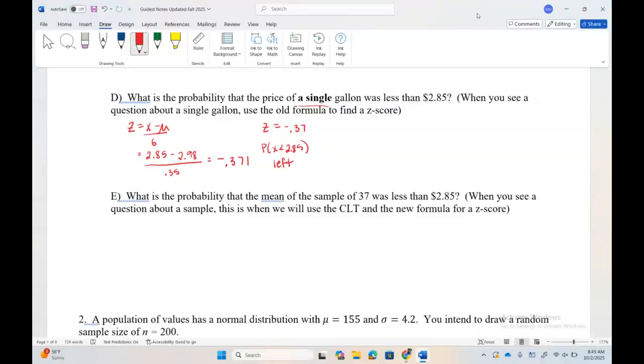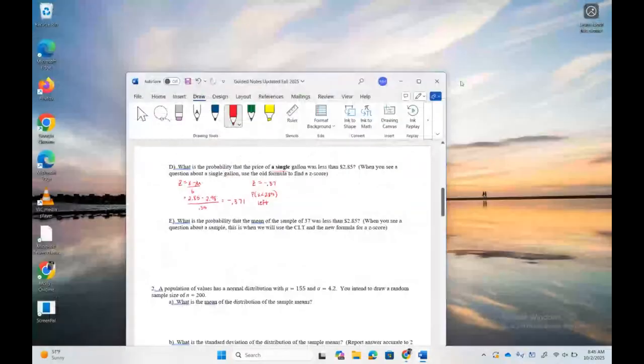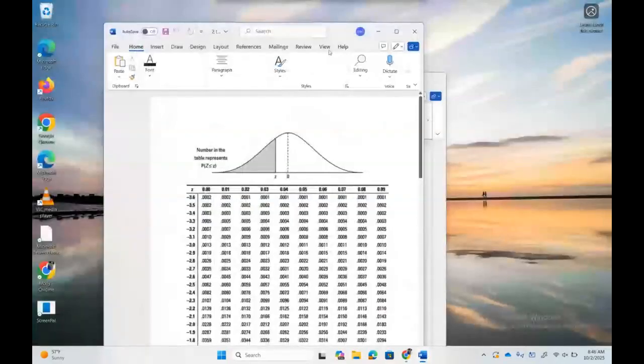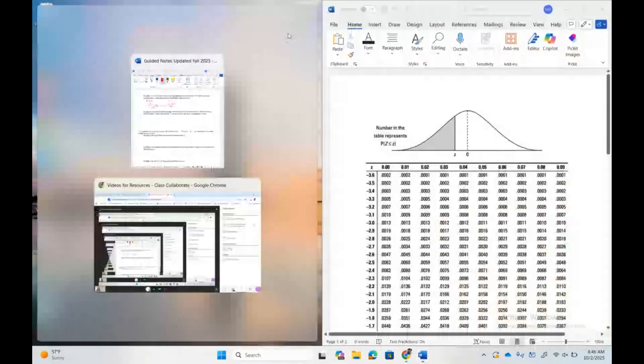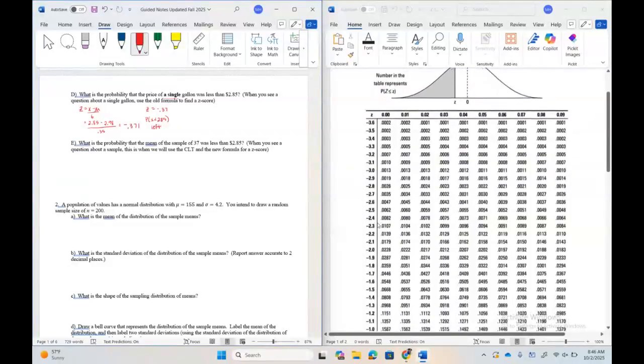All right, so I need the z of negative 0.37.